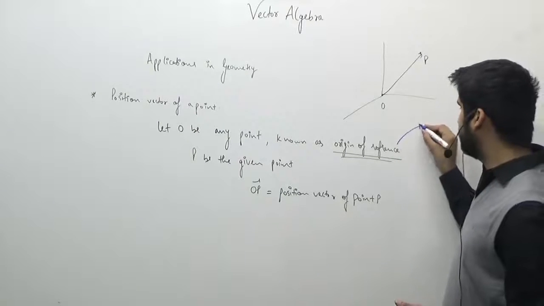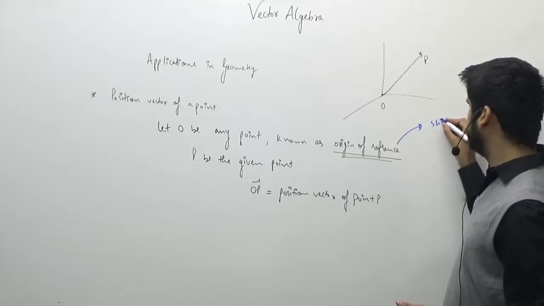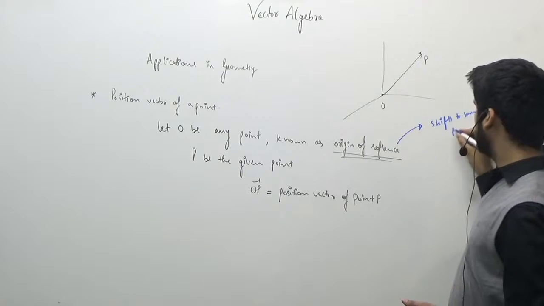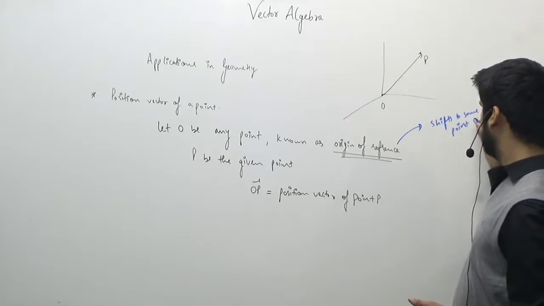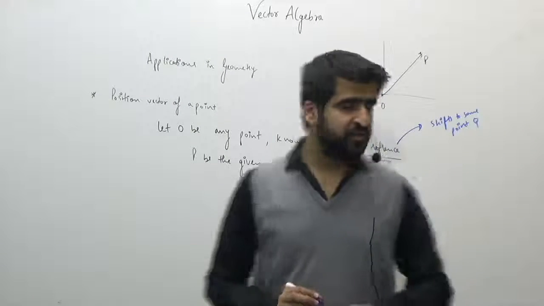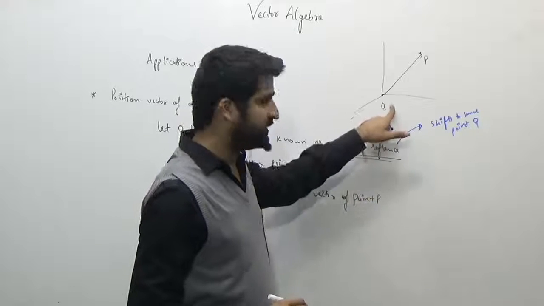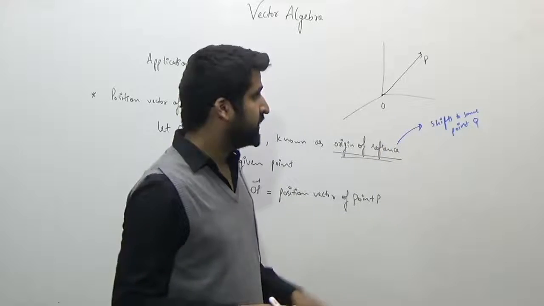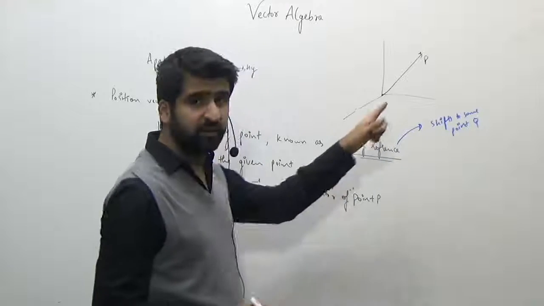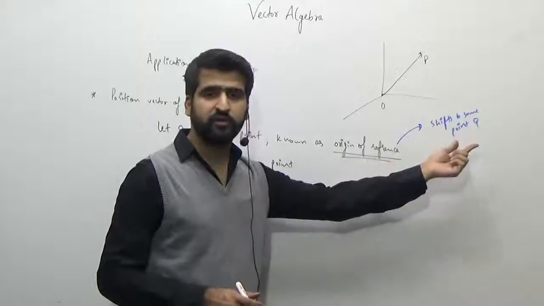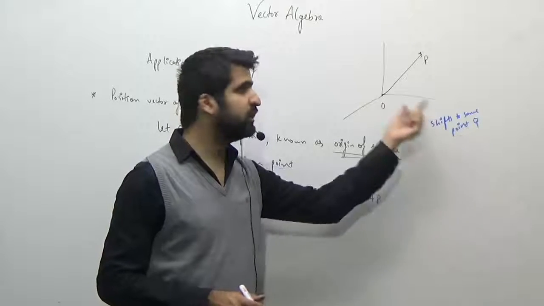If this origin of reference shifts to some point, let's say Q, then the position vector of P will be with respect to this new origin of reference. It won't be the OP vector.